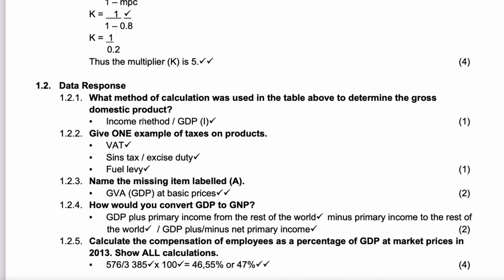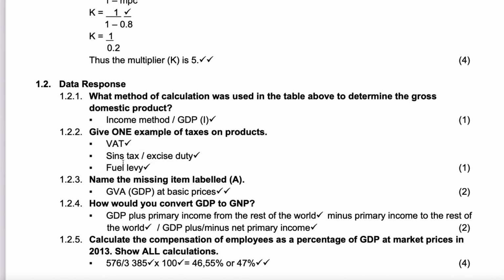Okay. So there we have it. All our answers. We say this is the income method. Here what it's saying is if someone wrote GDP with an I, this I is representing income method. Then examples, VAT. Then GDP at basic prices. That's what was missing.